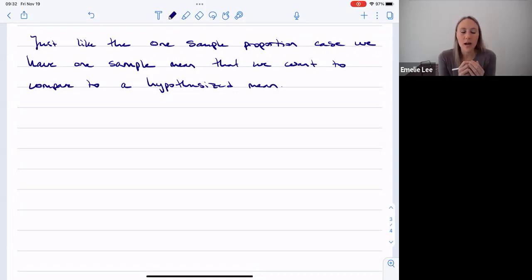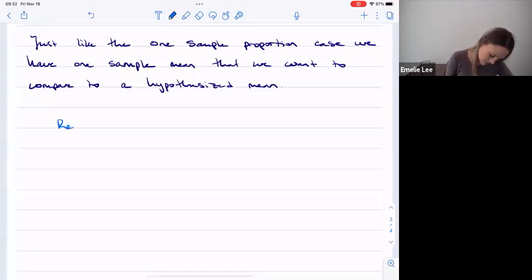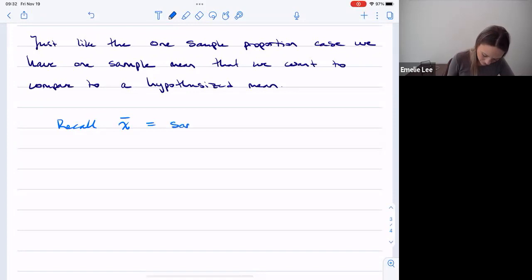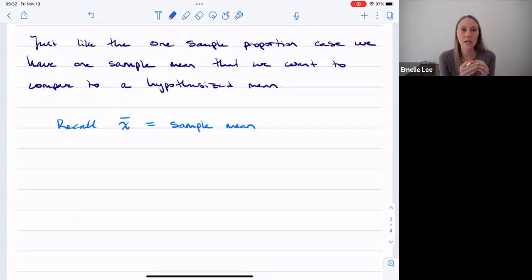Remember, we can do a lot with the standard error, right? Or maybe first a quick reminder. Recall that X bar, because it's been a while, X bar is the sample mean. Just like in the one sample proportion case where we had a sample proportion and we wanted to compare it to some hypothesized value, that's going to be our null value.